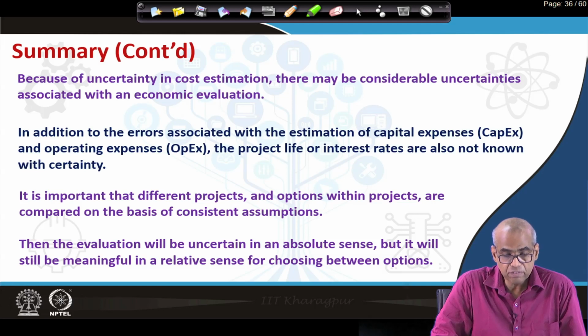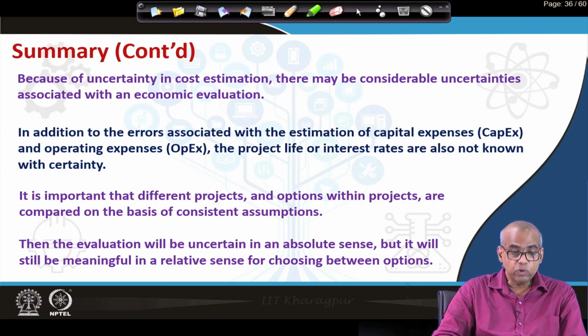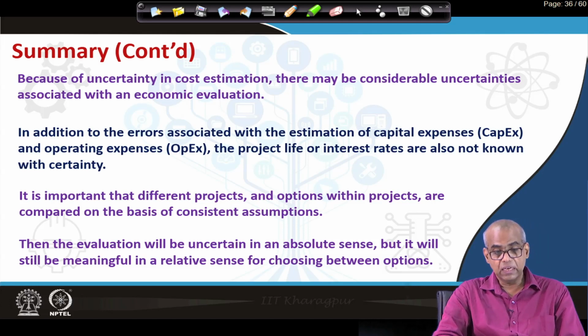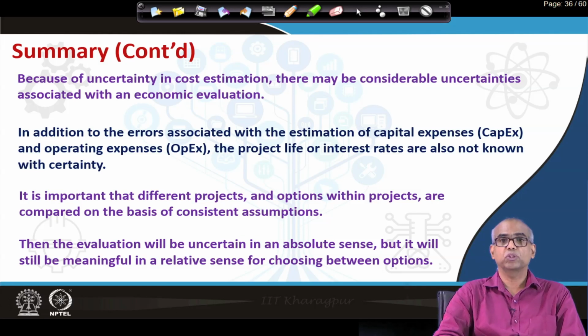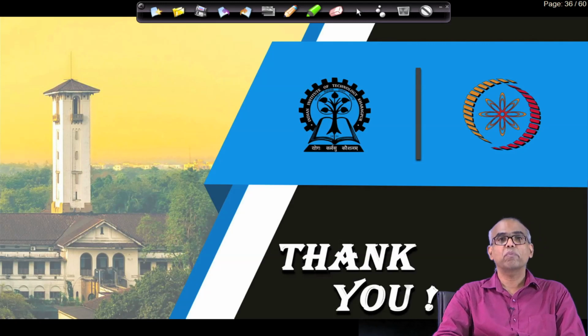It is important that different projects and options within projects are compared on the basis of consistent assumptions. Then the evaluation will be uncertain in an absolute sense, but it will still be meaningful in a relative sense for choosing possible alternatives when you have various options. So, with this we conclude our discussion on the engineering economics part.